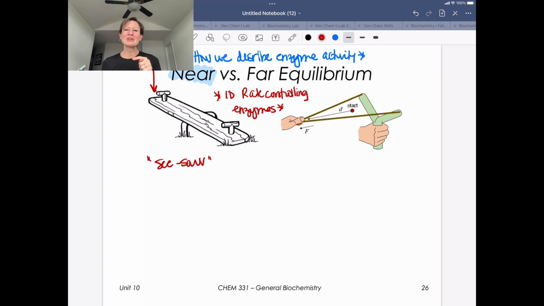So let's understand near equilibrium first and understand that these are going to be enzymes that we don't control. And as we go through this, I use water flow as an analogy to explain how we think about flow through metabolic pathways. We call that flux. So I want you to think about whether we have a spigot, if you will, whether we have the ability to turn an enzyme off.